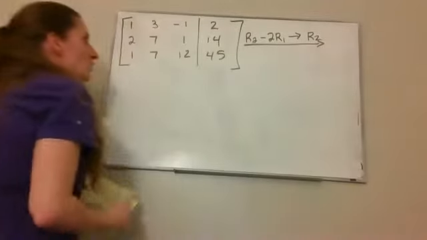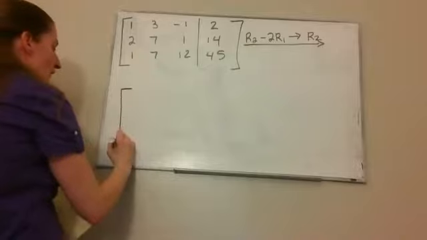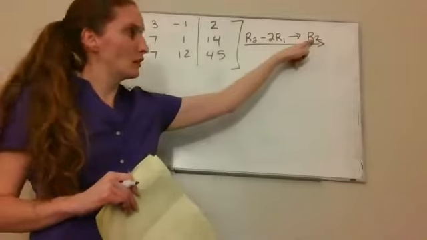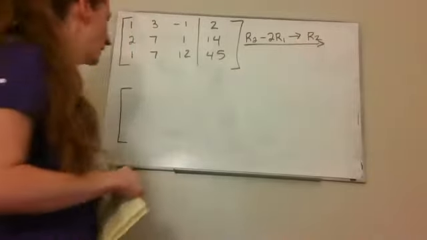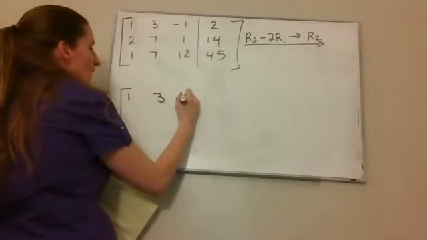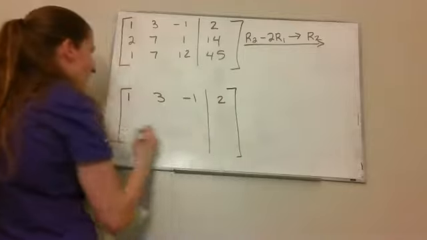So let's take a look at what happens when we do this row operation. The first thing I want to point out is the only row that's going to be different is row 2. Our row 1 and our row 3 are not going to change. So I'm going to go ahead and fill them in just so I don't have to worry about them anymore.